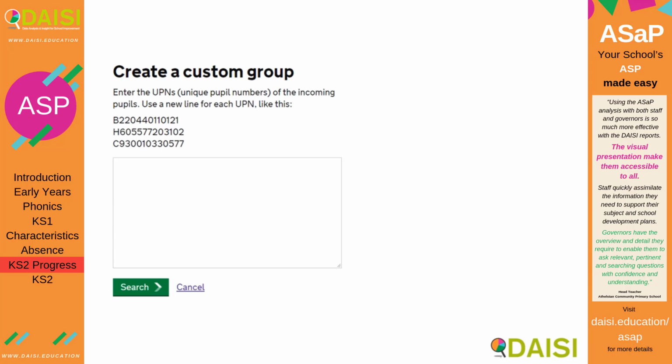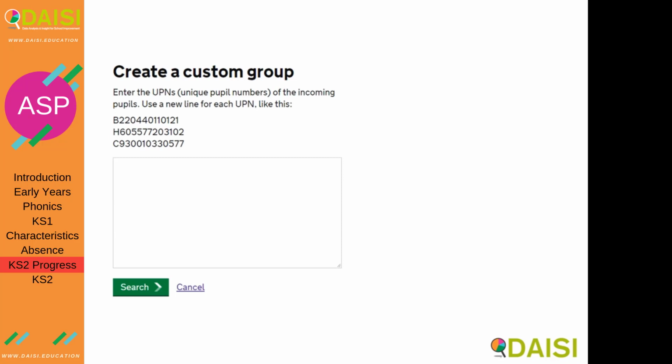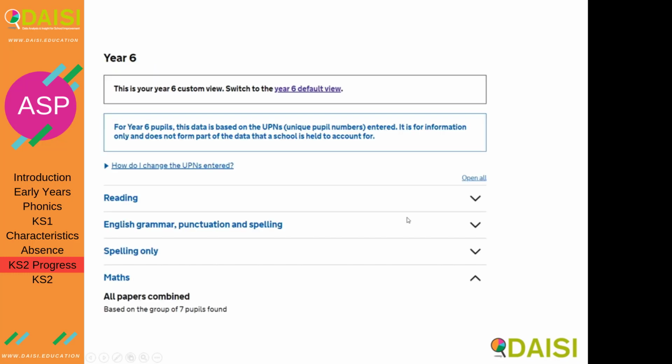The government doesn't know what pupils have applied to the individual secondary schools, so they can enter their UPNs and get an analysis of how the incoming Year 7 did at SATs. So if you enter your UPNs, you'll then have a custom view. Here you can see we have got this view based on 7 pupils.